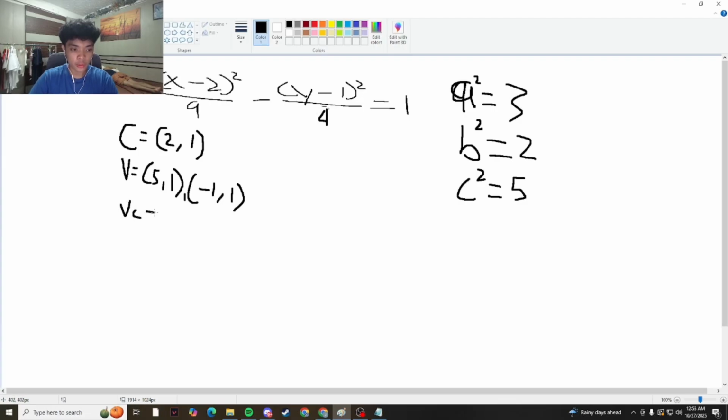Now let's find the co-vertices. The co-vertices are 2, 3 and 2, 1 because we add and subtract b, so 1 plus 2 is 3 and 1 minus 2 is negative 1.